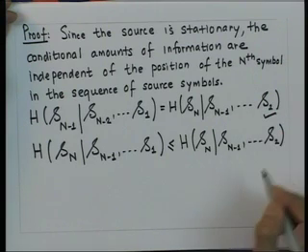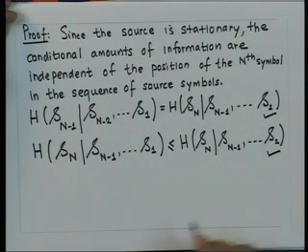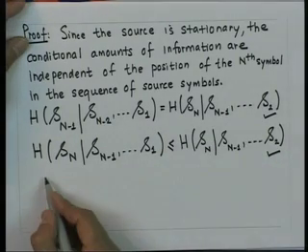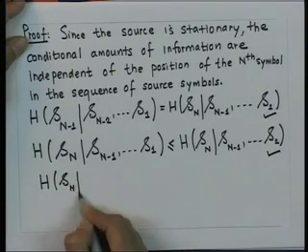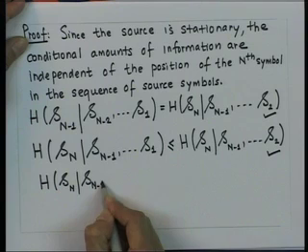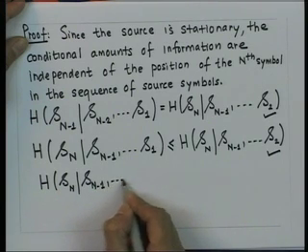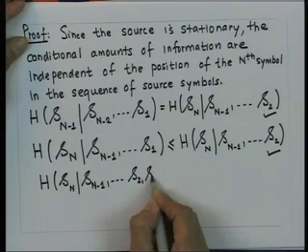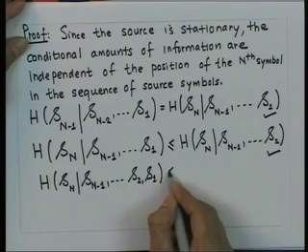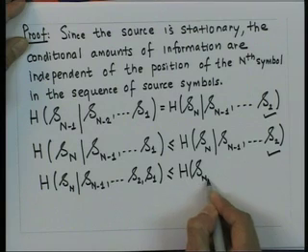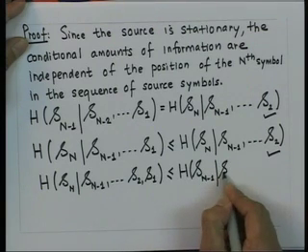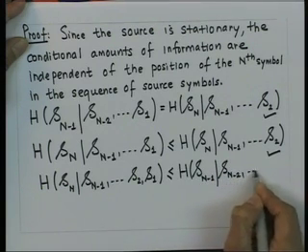This I can write because the source is stationary, and this is the property of the additional information measure. From this too it directly follows that H of Sn given Sn minus 1 up to S1 is less than or equal to H of Sn minus 1 given Sn minus 2 up to S1.